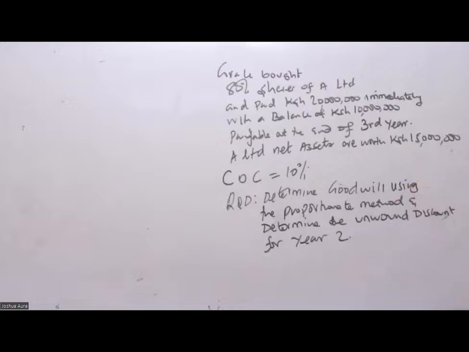A Limited's net assets are worth Kenya shillings 15 million, and they have given us the cost of capital here, cork. It's 10%. Cork is cost of capital. So determine goodwill using the proportionate method and determine the unwound discount for year number 2.